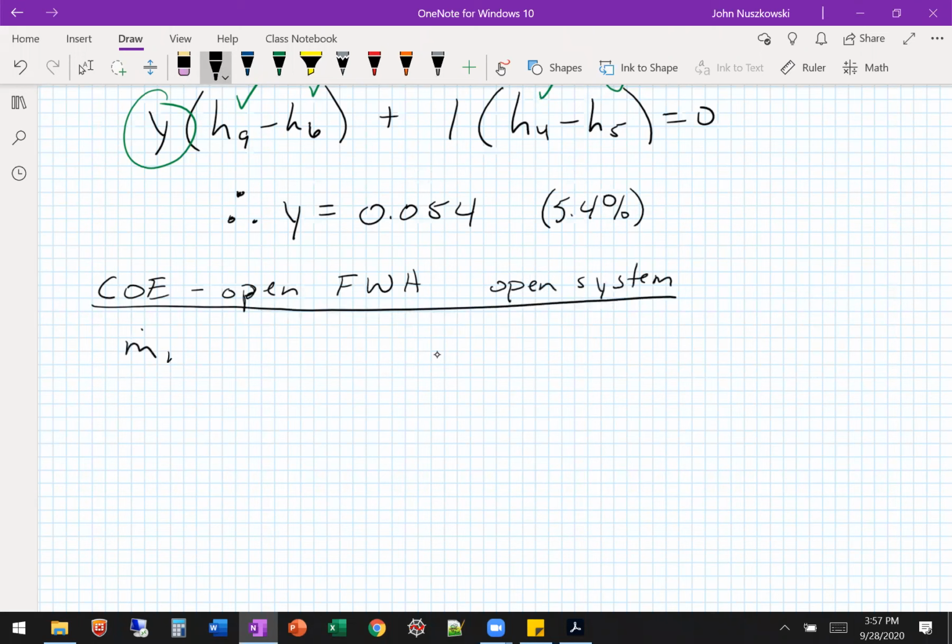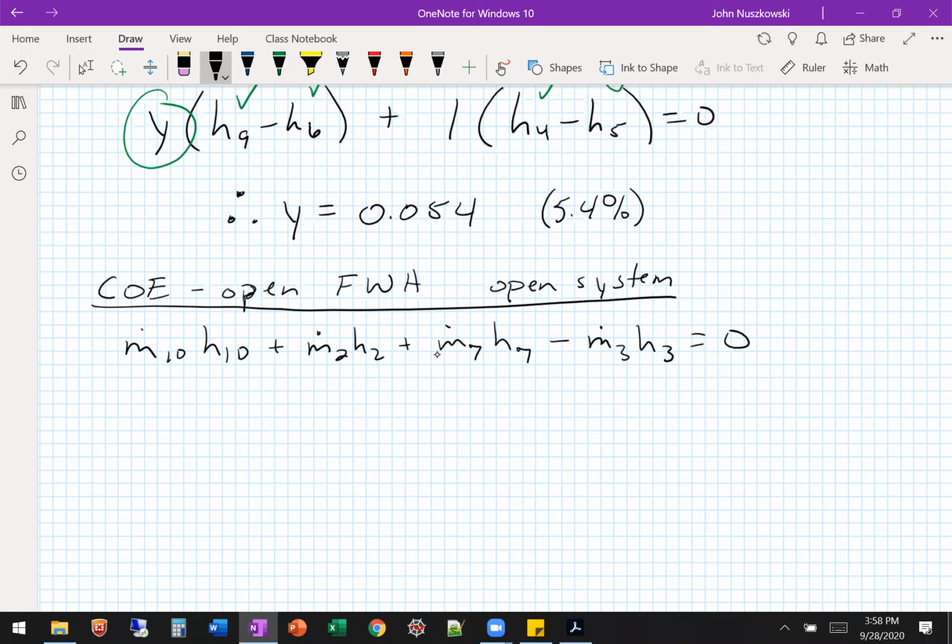All right, so we have 10 and its enthalpy plus 2 and its enthalpy plus 7 and its enthalpy going in, and then we have 3 and its enthalpy leaving. In this case, it's an open feed water heater, so none of the things are connected independently.